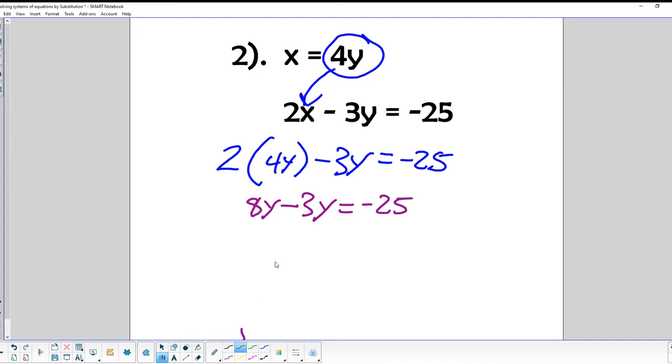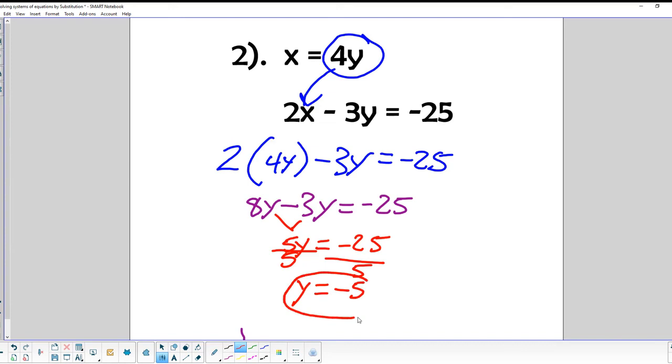Collect our like terms here. 5y equals negative 25. Divide both sides by 5. And we end up with y equals negative 5. So there's half of our solution. Now we're going to substitute negative 5 back into our original substituting term up here, and we're going to put that negative 5 right in for y.